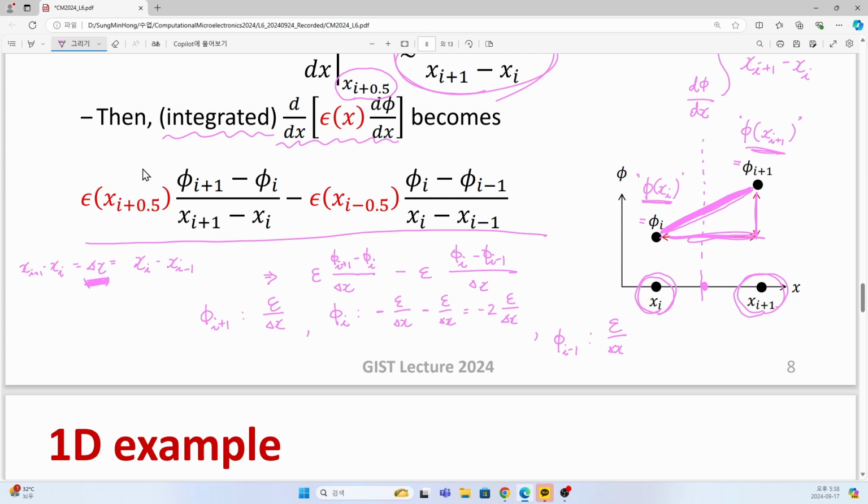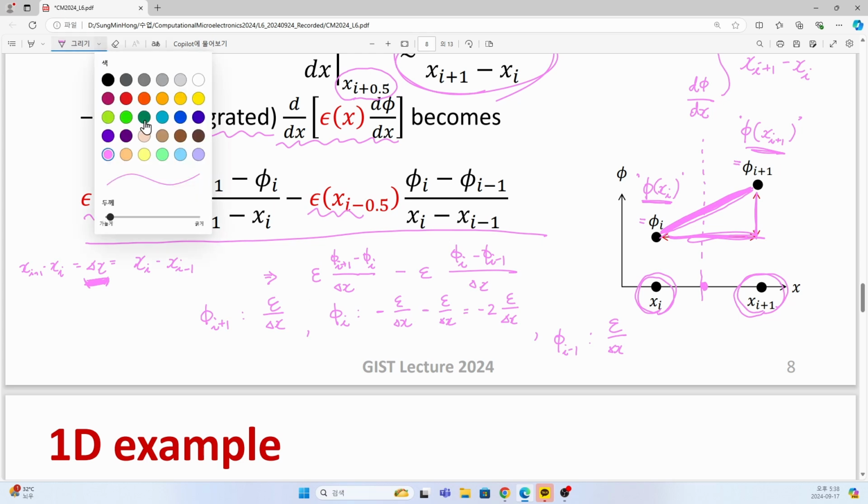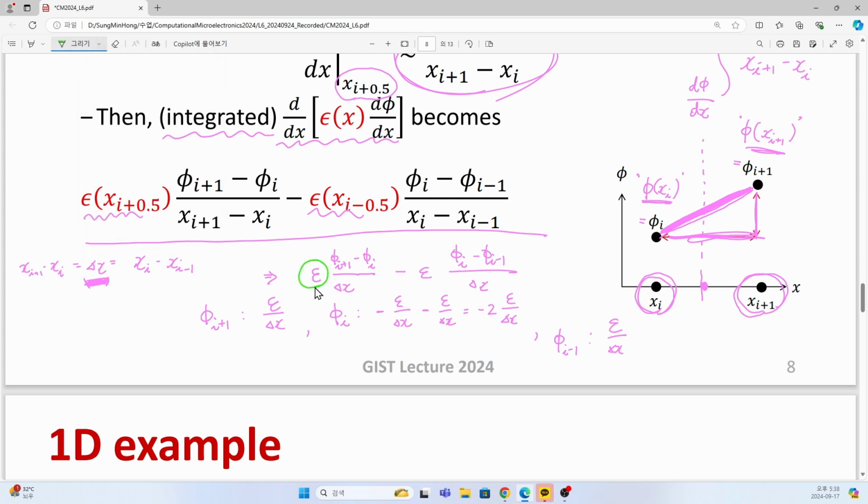Of course, when we have different values of epsilon, then we can introduce different notations for the first epsilon and second epsilon. Then, for example, let's say epsilon 1 and epsilon 2, then we will have the corresponding coefficients.